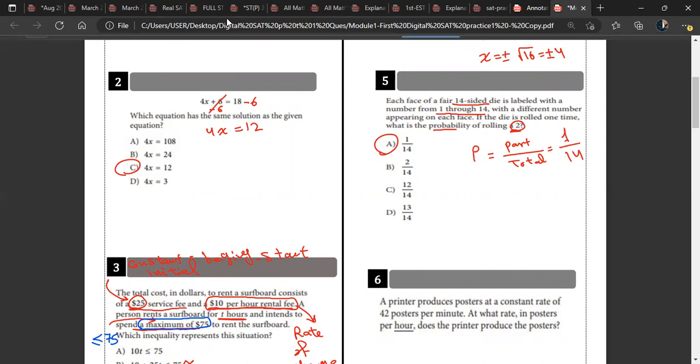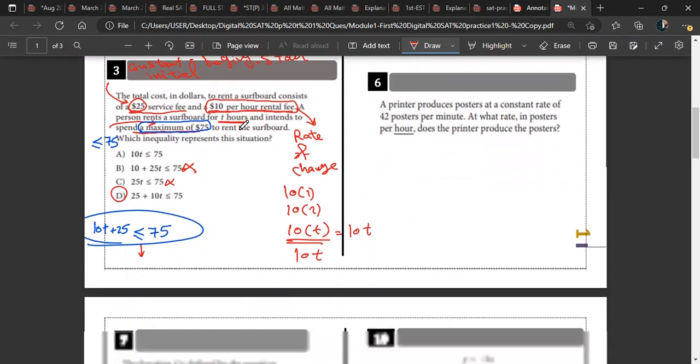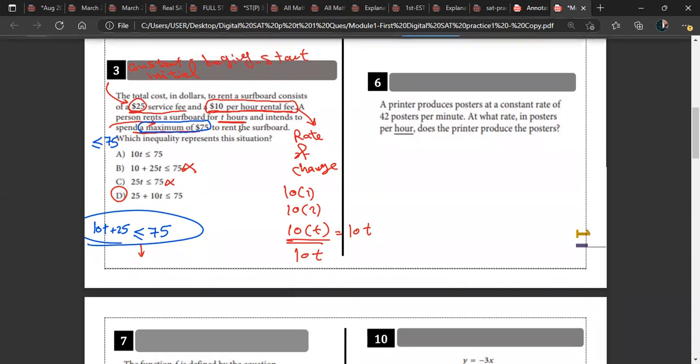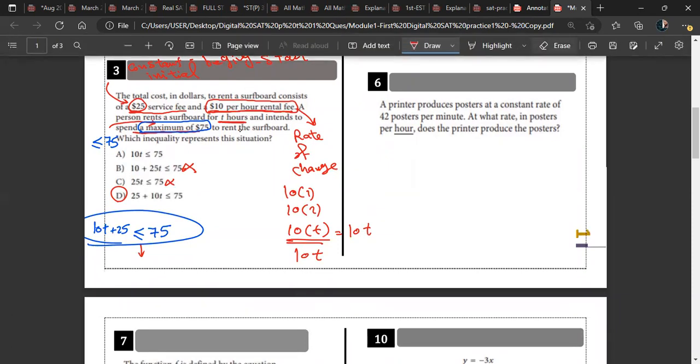Okay, let's complete. Here in question number 6, a printer produces posters at a constant rate of 42 posters per minute. At what rate in posters per hour does the printer produce the posters?